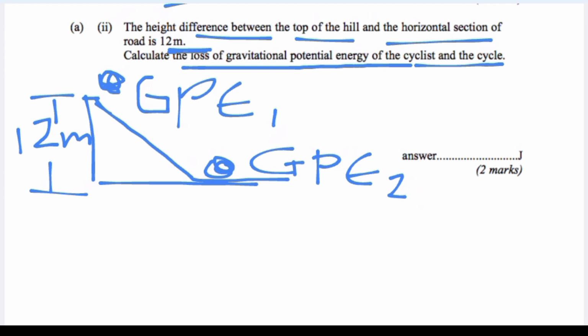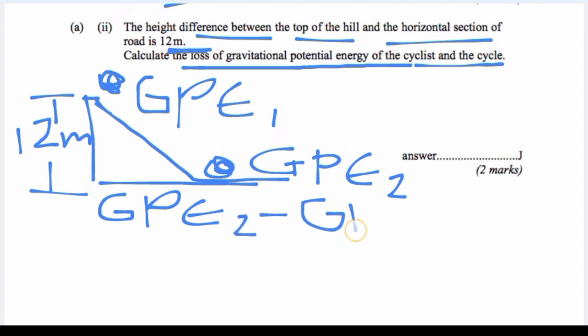When it is at the top, it has higher potential energy than on the horizontal section, because gravitational potential energy increases as we increase the height, right? So it means it lost potential energy. So GPE2 minus GPE1 is the change of gravitational potential energy.